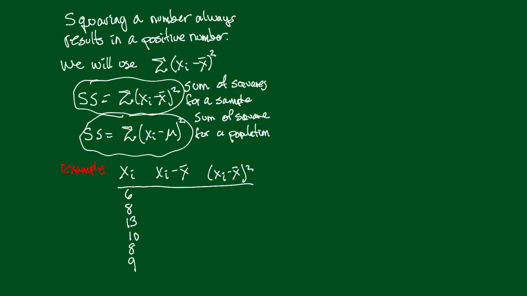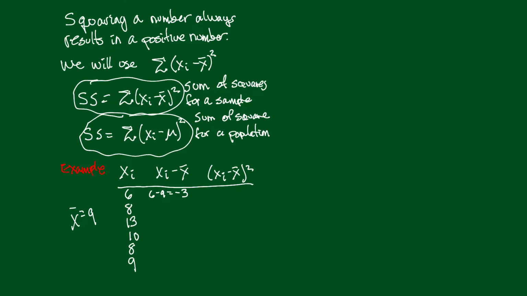Now, we computed the mean. We didn't actually do it, but you could. If you add them all up and divide by 6, you get x bar to be 9. So here's what we did. 6 minus 9 is negative 3.